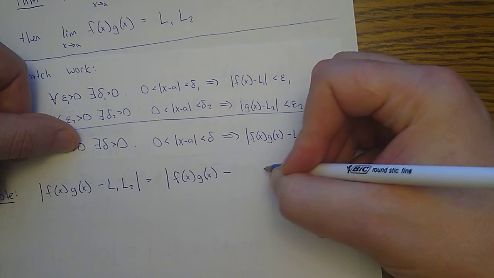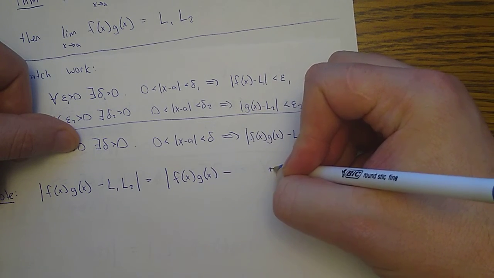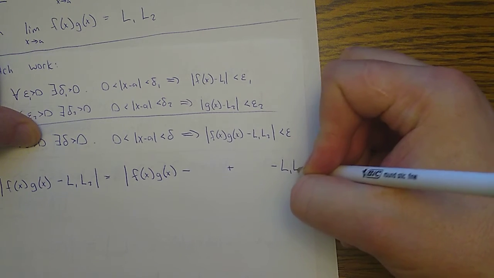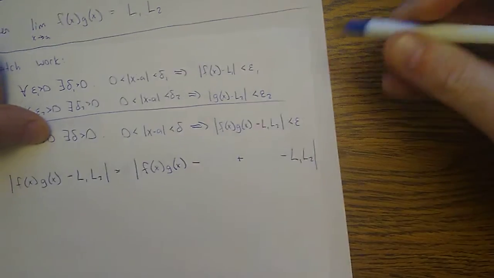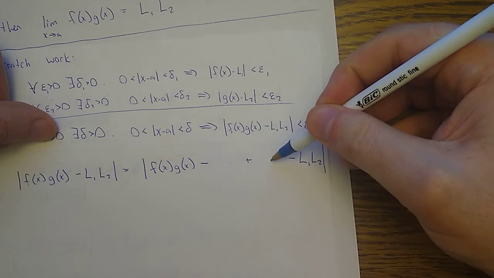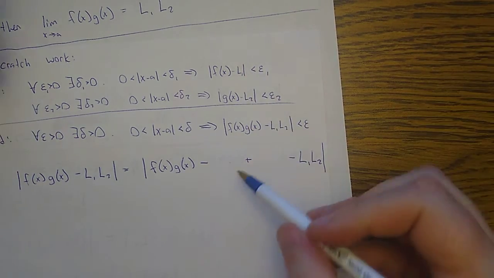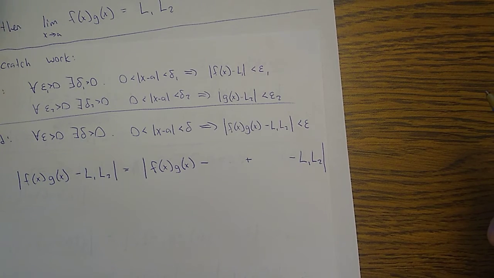I'm going to subtract something and then add something. So I'm going to sneak something here and here. I'm going to subtract and add the same number, so actually I'm not really doing anything.